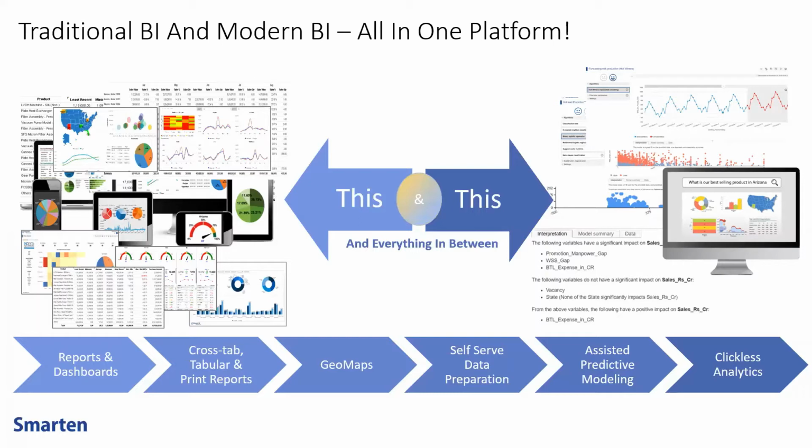We just had a webinar for the launch of NLP search capabilities a few weeks back. And as you may know, assisted predictive modeling is one of the most unique features of Smartan, where a business user with no data science background can also create, share, and use predictive models on their own.